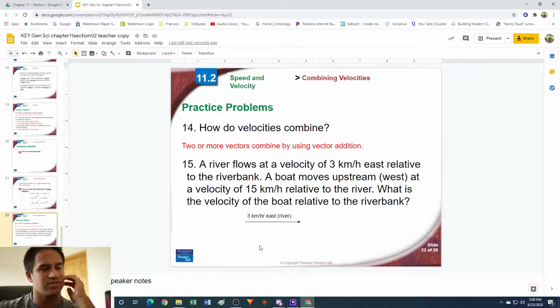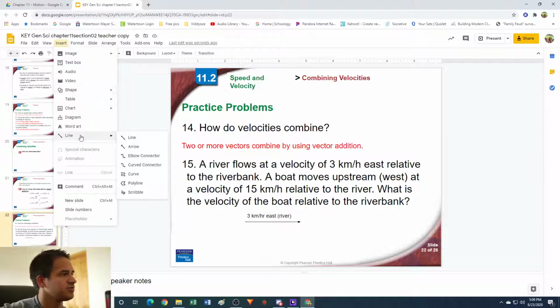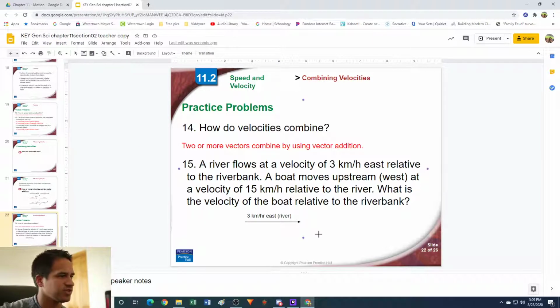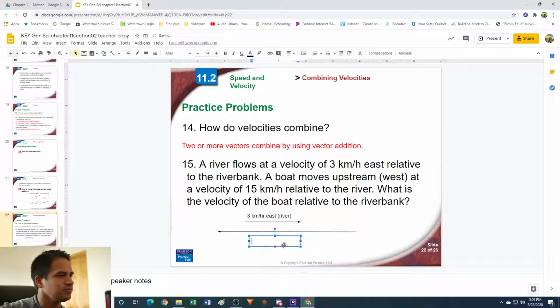No, we're just going to draw a vector that's 15 kilometers per hour going west. Sorry, I don't mean to confuse you. So, all right, let's draw an arrow. It's going to be a longer arrow because it's 15 kilometers per hour rather than 3, so it's a bigger vector. So I'll do a text box, and we will write 15 kilometers per hour west. This is the boat.